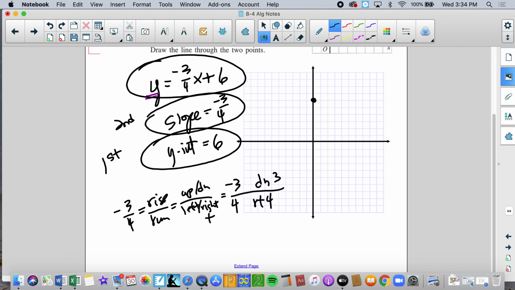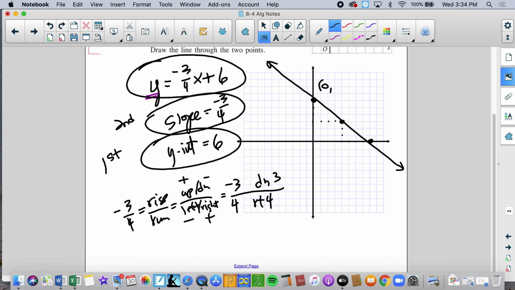Right is always positive, left is negative, up is positive, down is negative. From this intercept, I'm going to go down 3, 1, 2, 3, and right 4, 1, 2, 3, 4. I make a point. Then I can use it again, down 3, right 4. And once I have 3 points, I can connect the dots, and I've been able to graph that line.